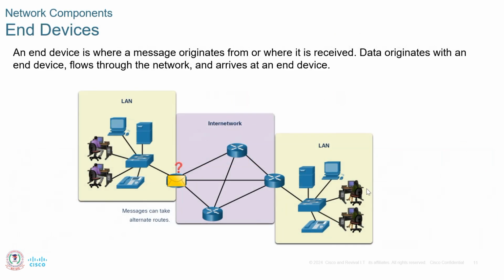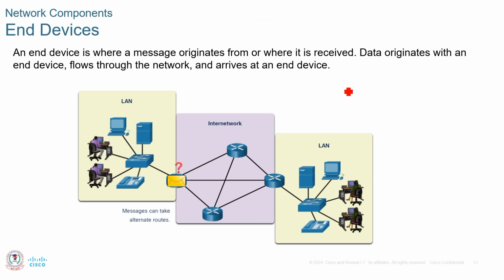Okay, now we have another network component, end devices. So what is an end device? We say end devices are a computer or a server or maybe an IP phone. That's an end device.